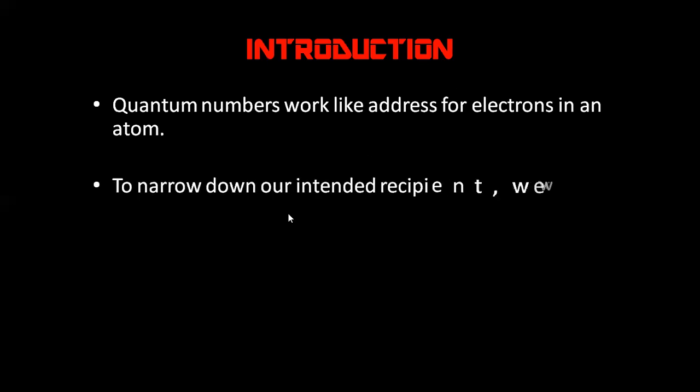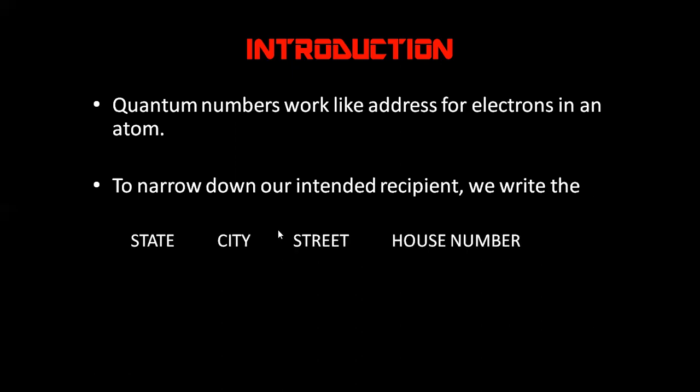Whenever you talk about quantum numbers, how can we understand it in a very simple way? Try to understand that whenever you give an address, what you basically do is narrow down the intended recipient, to let anyone know where you stay.